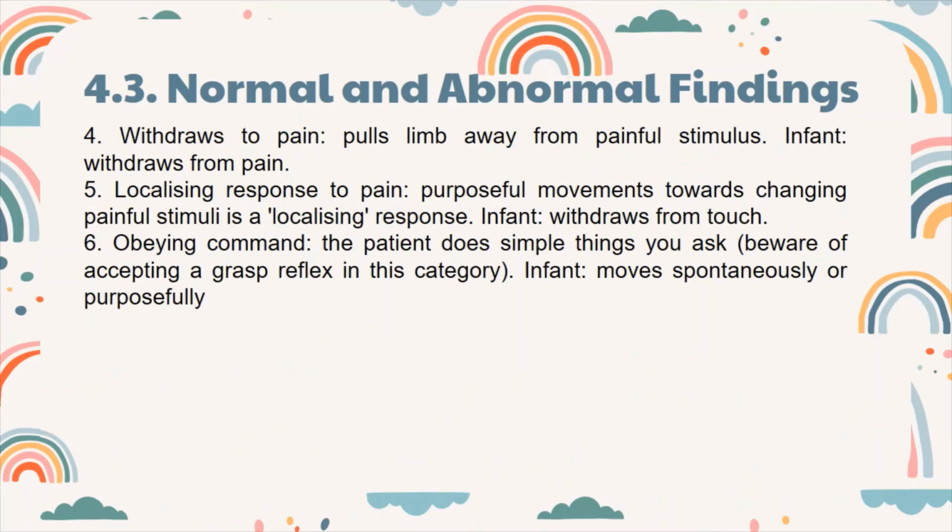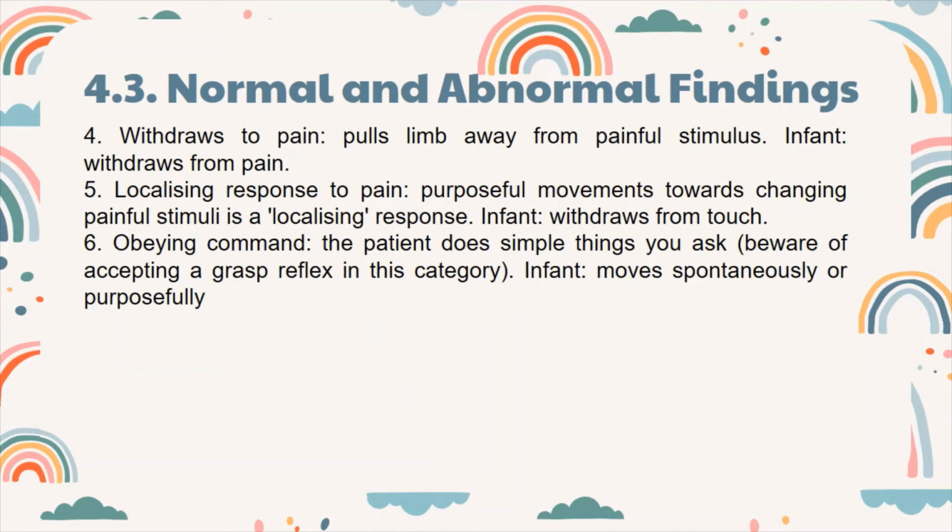For grade 4, we have withdraws to pain, pulls limb away from painful stimulus, and for the infant, we have withdraws from pain. For grade 5, localizing response to pain, or purposeful movements towards changing painful stimuli, is a localizing response. For the infant, we have withdraws from touch.